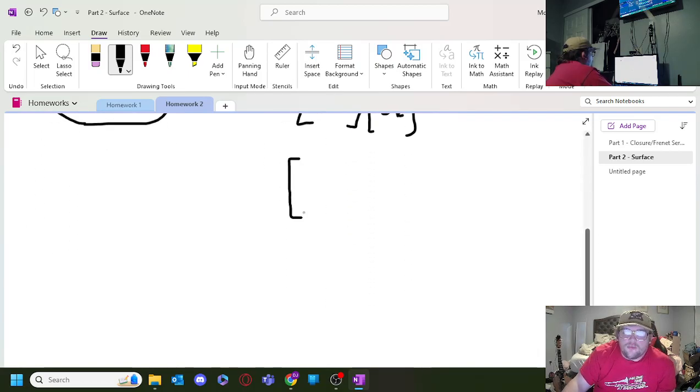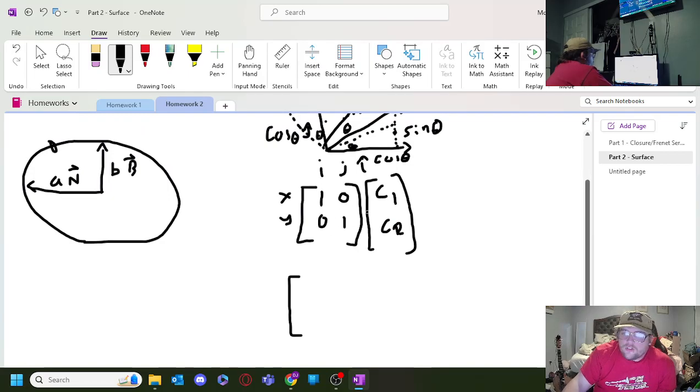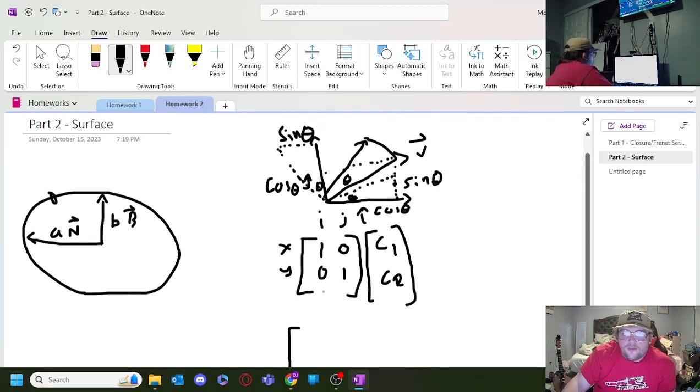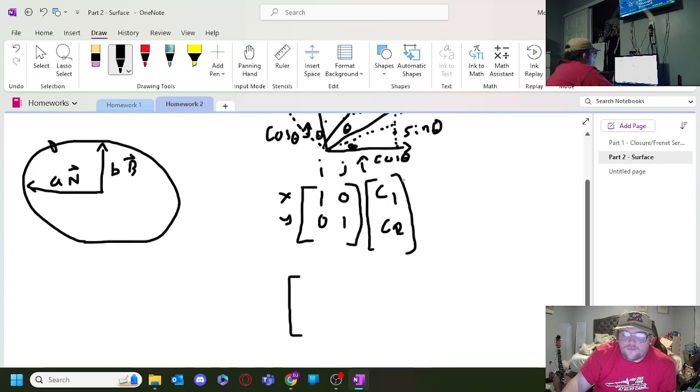So what ends up happening is, instead of having the 1, 0, 0, 1, the rotation matrix, or the unit matrix, I'll just call it, now becomes this. So cosine of theta, and then sine theta.